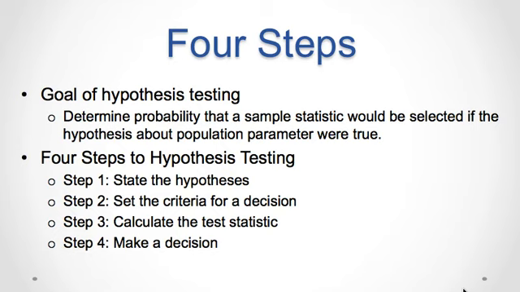Step 2, set the criteria for a decision. The criteria is the significance level or level of significance, which is a probability. In hypothesis testing, we collect sample data to show whether the null hypothesis is true or not. For example, if preschool children watch 3 hours of TV per week, then the sample we select should have a sample mean close to or equal to 3 hours.